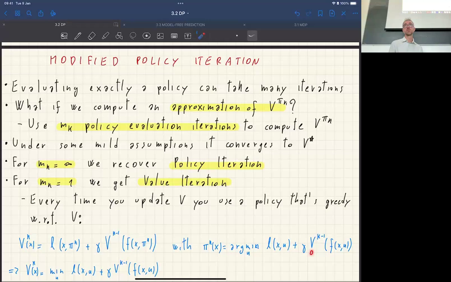Is it v_k or v_n? It's like always k. There is no n. So I just wrote here the policy improvement equation for iteration k minus 1. And here I wrote what we have for the policy evaluation step if we just do one iteration of the algorithm.